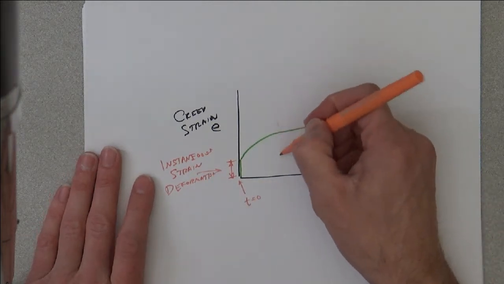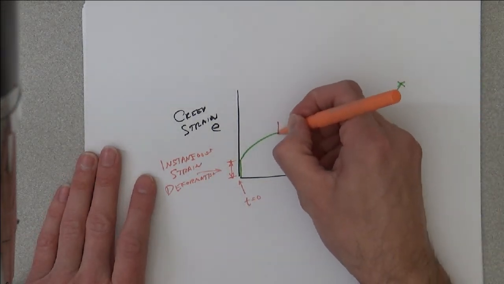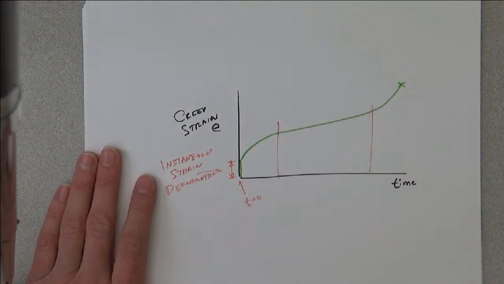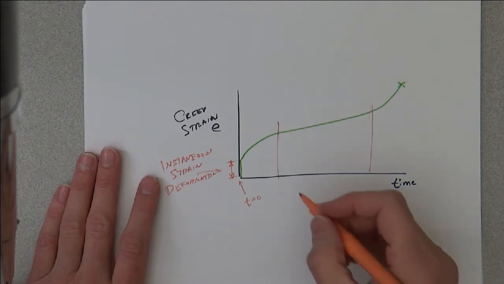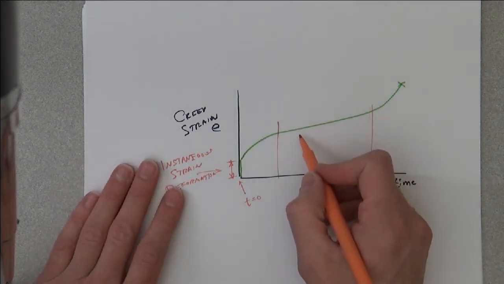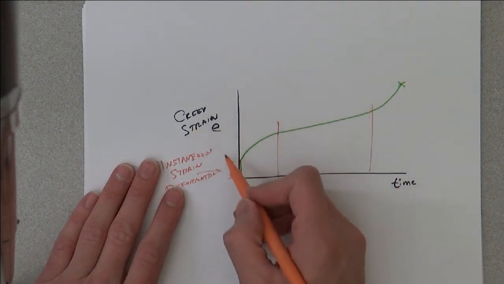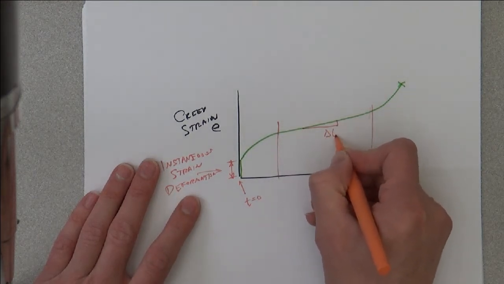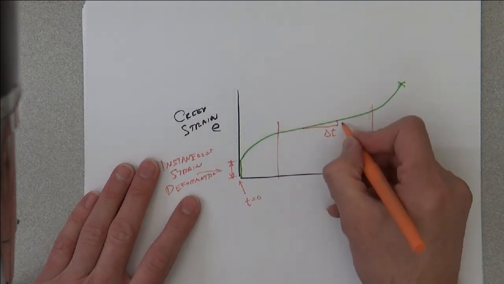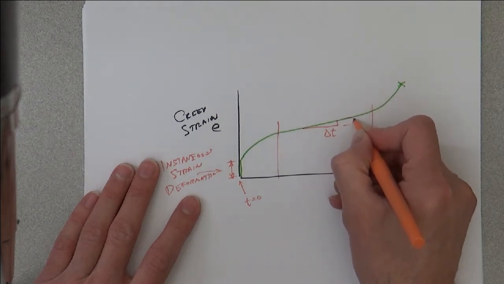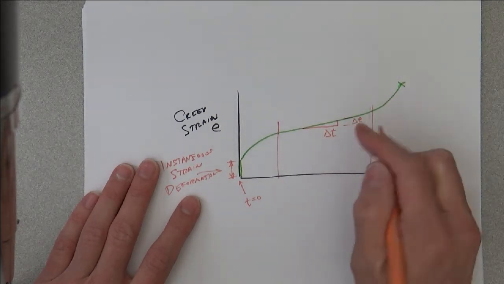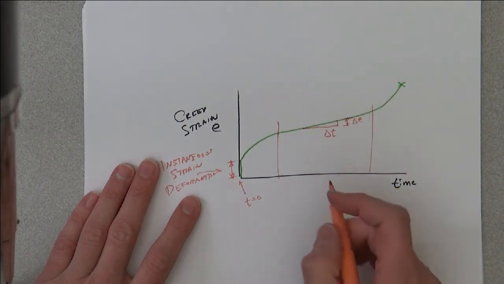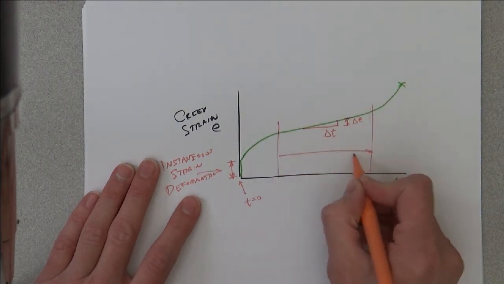Then in this region here, we have a relatively long period of constant strain rate, and this, you have some delta T versus delta E, and this is what we call the region of secondary creep.